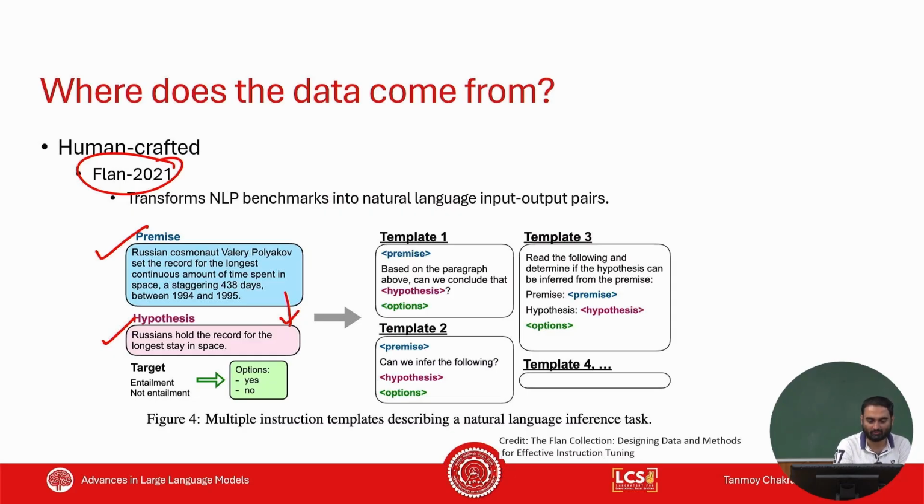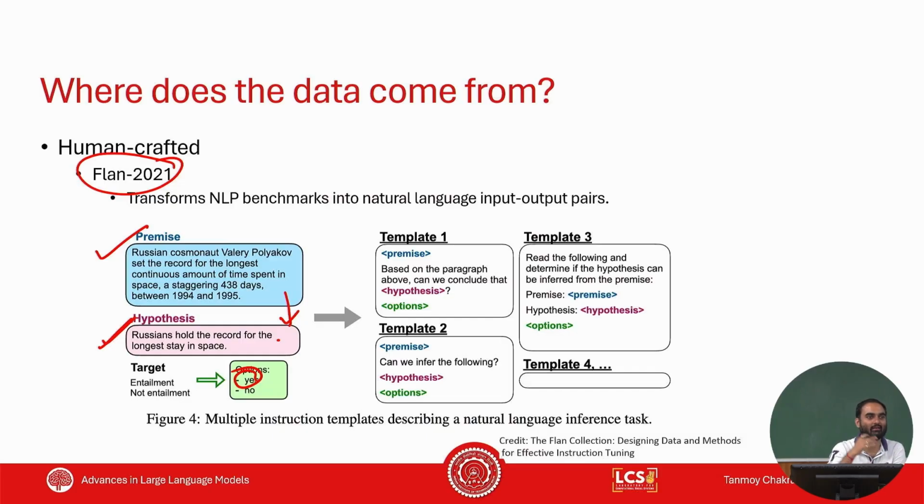So: Russian cosmonaut set the record for the longest continuous amount of time spent in space, and so on. And then your hypothesis is: Russians hold the record for the longest stay in space, right? So this entails this, so the label is yes, and this dataset is already given in your task, because this is an entailment task, an NLI task.